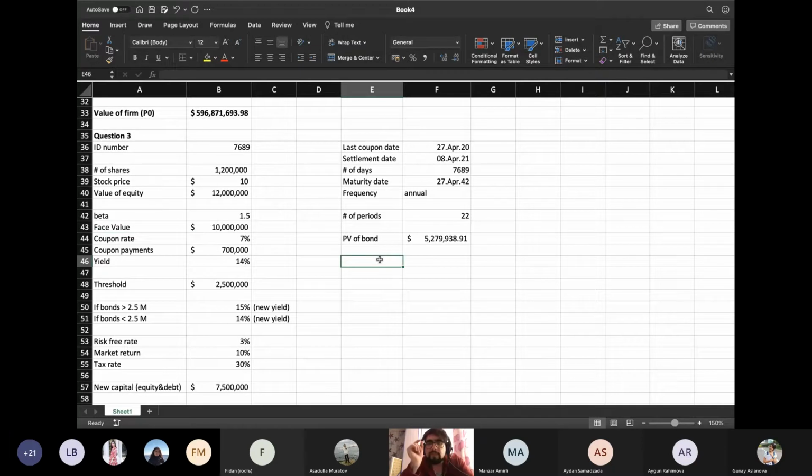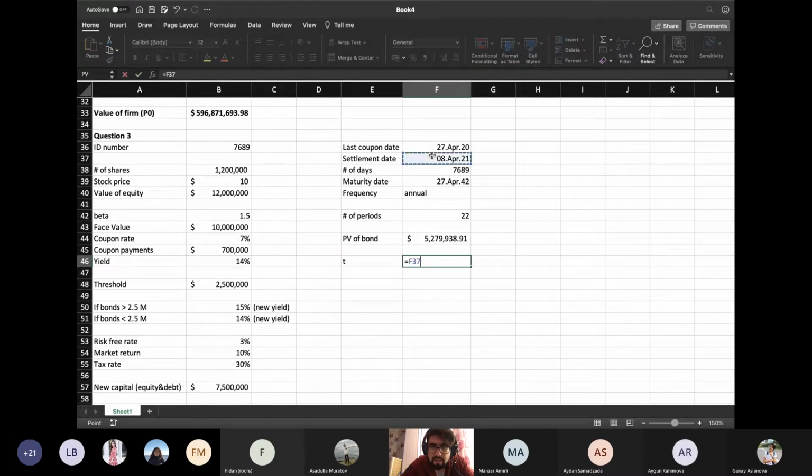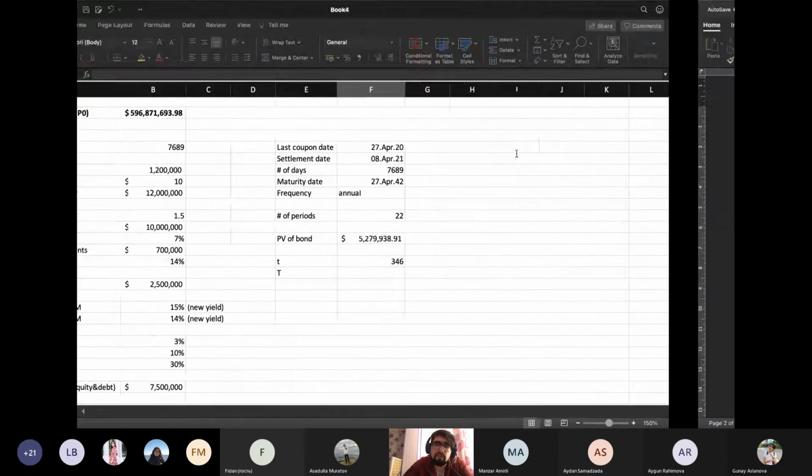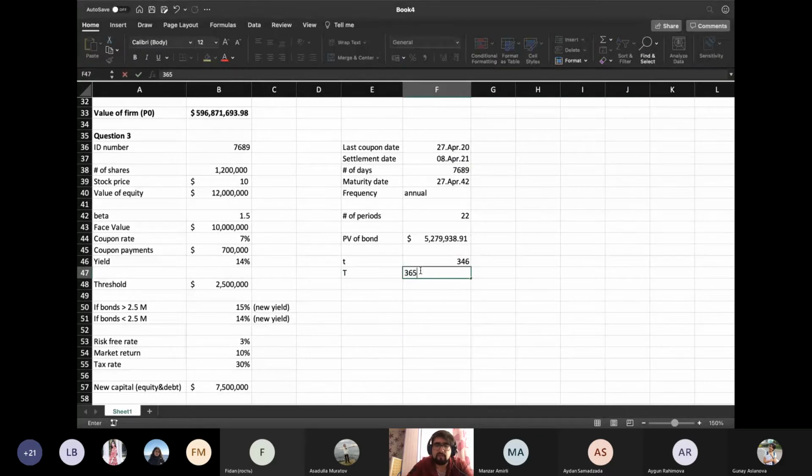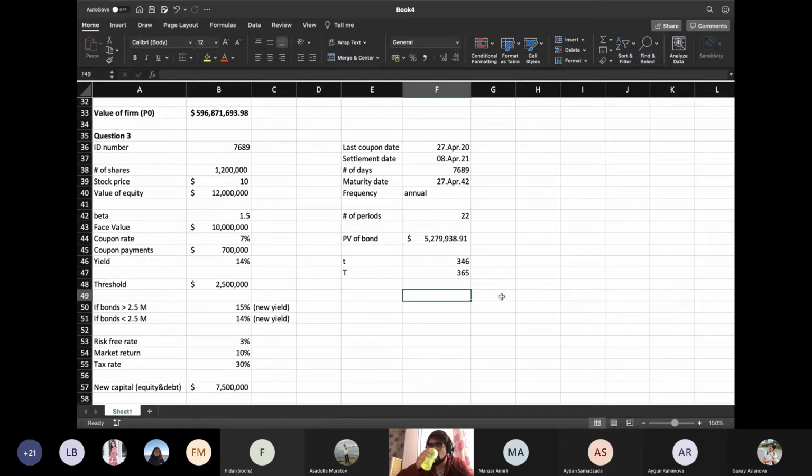the number of days difference between last coupon date and settlement date, small t. Our small t is settlement date minus last coupon date, 346. Our big T, it is actual over actual, it is 365.